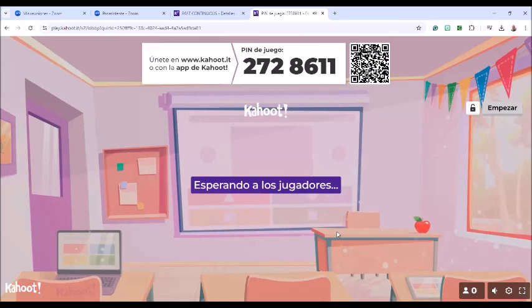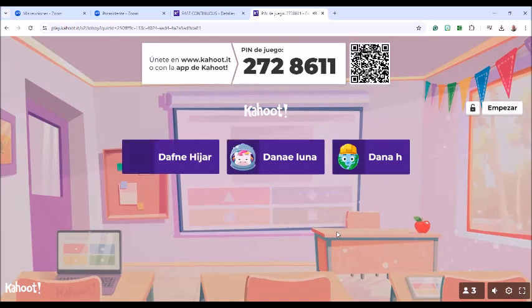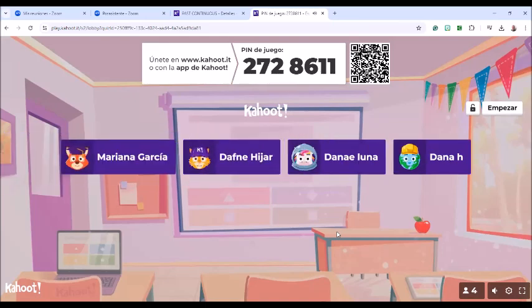Okay, the pin for our game is 272-8611 or scan the QR code that we have on the screen, please. Thank you so much.